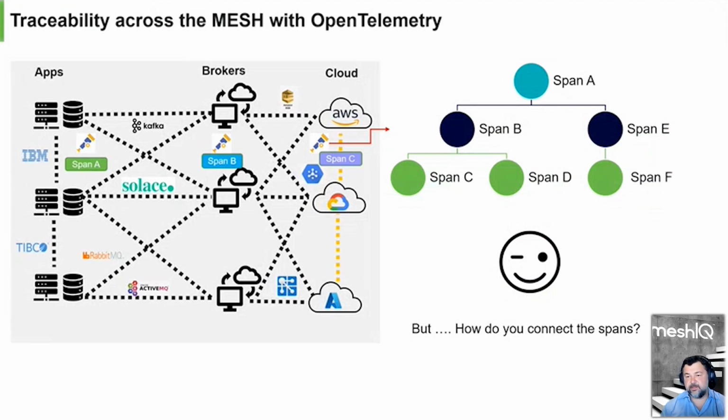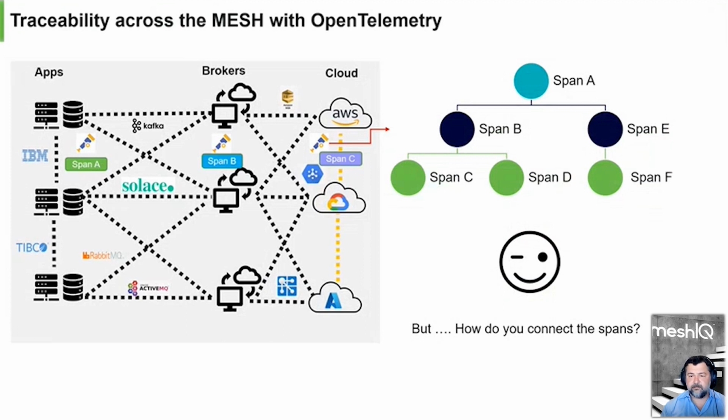So how do you connect those spans together? How does one relate span A to span B to span C to span D? So there is a concept of context propagation, and Open Telemetry introduces this concept that allows you to do this.